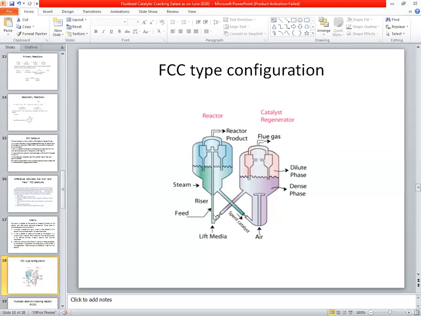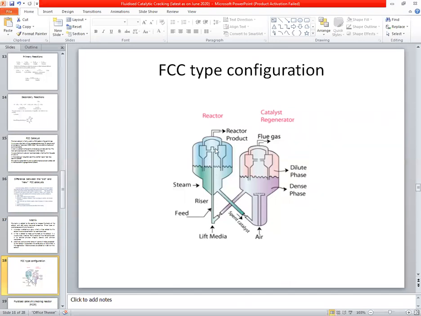Here in the riser of the FCCR, from the bottom comes the feed, that is the vacuum gas oil, with lift media. The lift media is steam, because, as you know, through the riser the catalyst must be in fluidized condition, not packed.